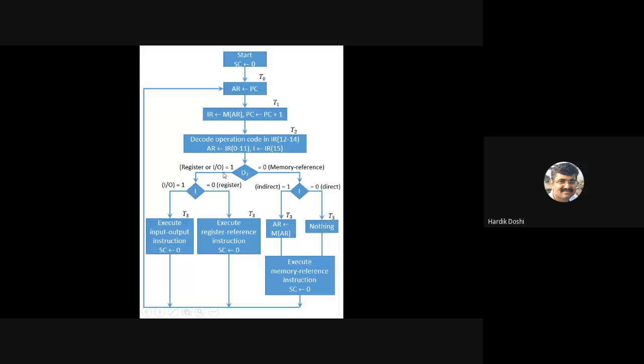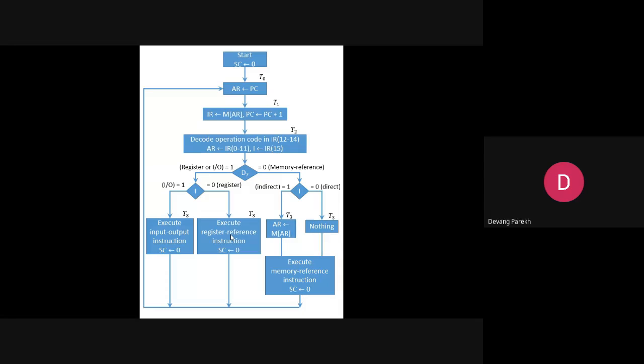Speaking correctly in sequence: when D7 is 1, I is 0 and T3 is 1, at that time a register reference instruction will be executed. Now someone has to tell me at what time an input output instruction will be executed.